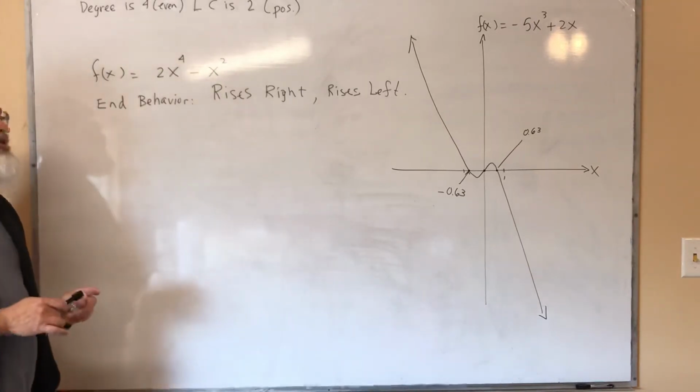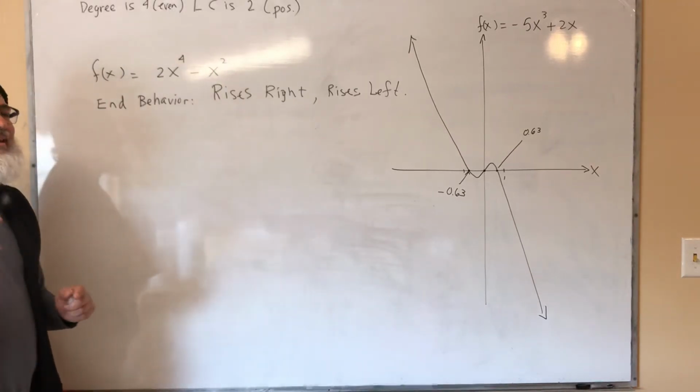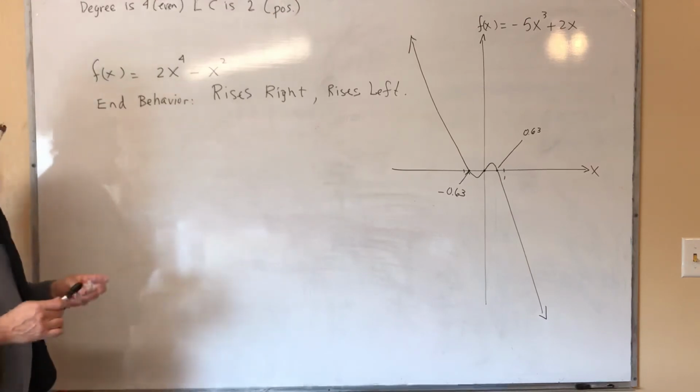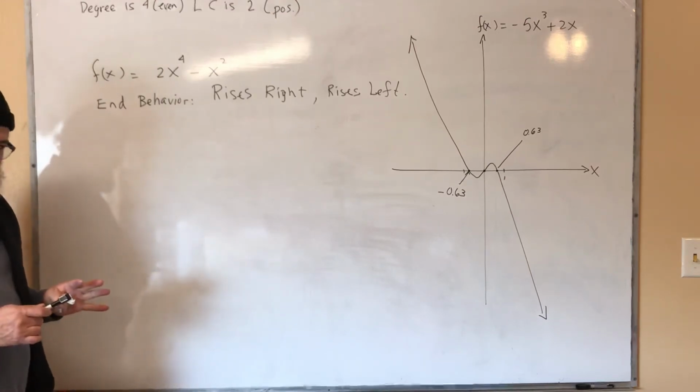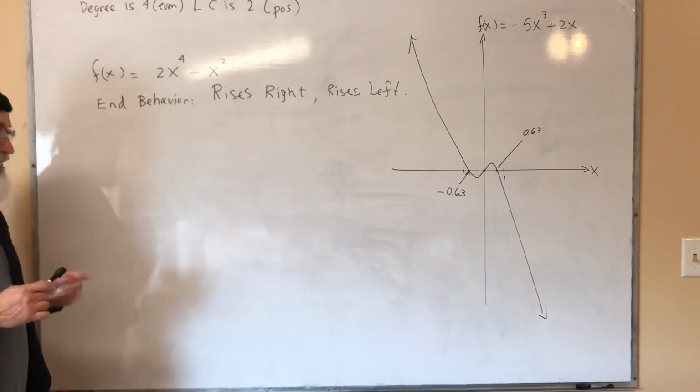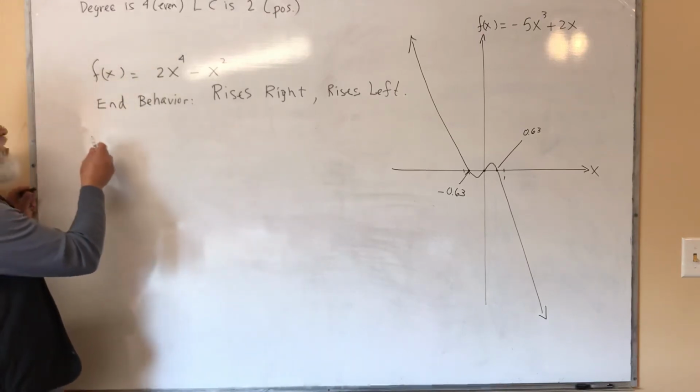How do we check to see if this function is even? I know it's not odd. Question, is it even? Here's what we do.